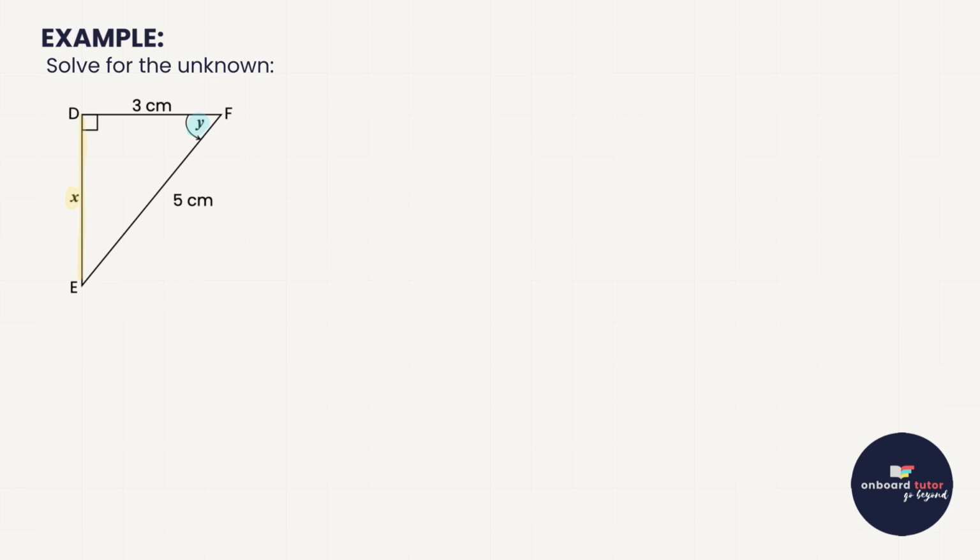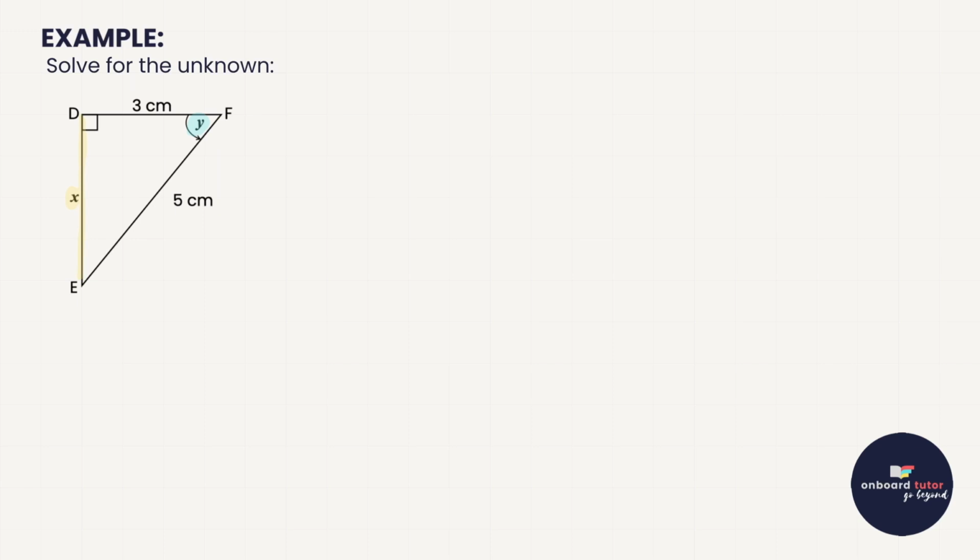Normally I would take the side I want over the side I have, and link it to some ratio of the given angle. But the problem is the angle is also unknown. So now I need to think about my other knowledge of right-angled triangles, and that is the theorem of Pythagoras.